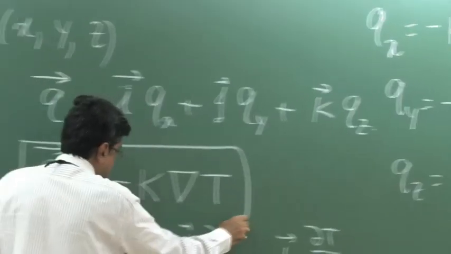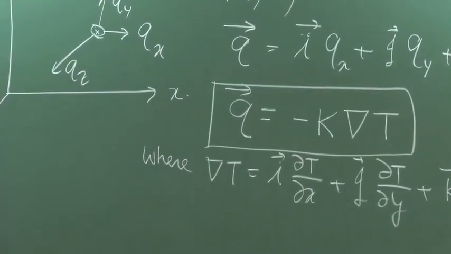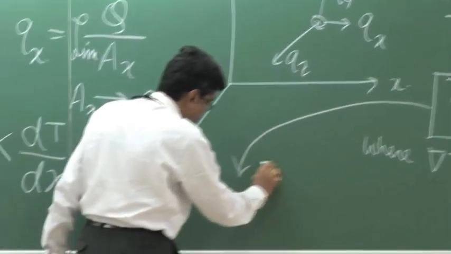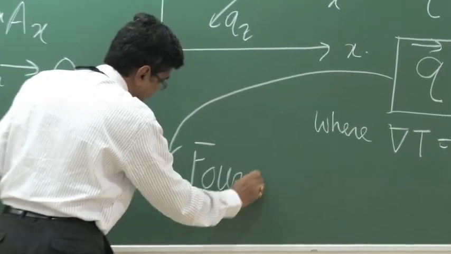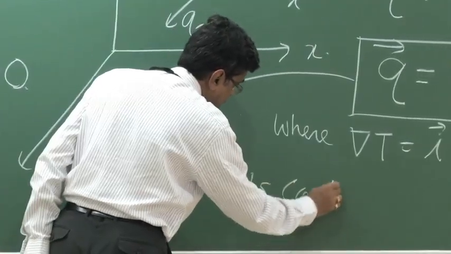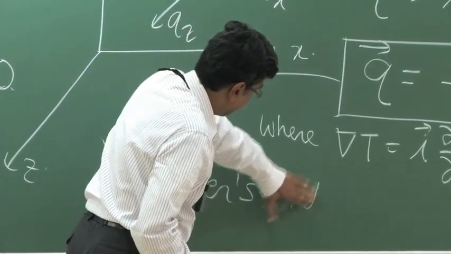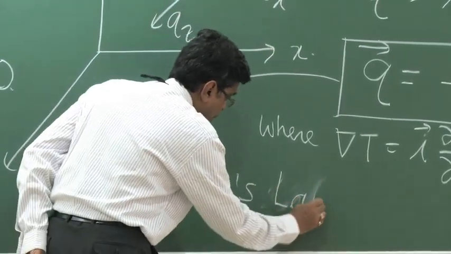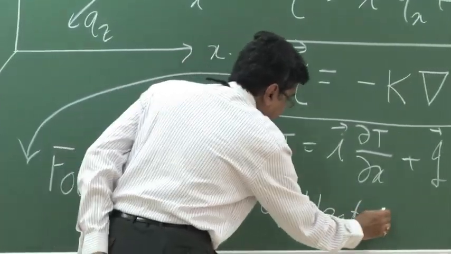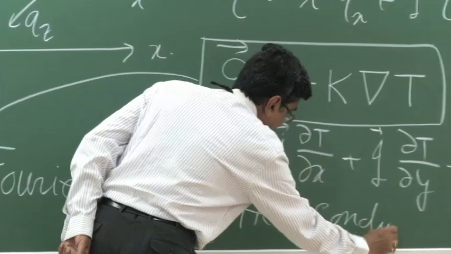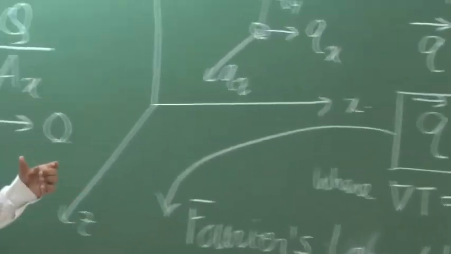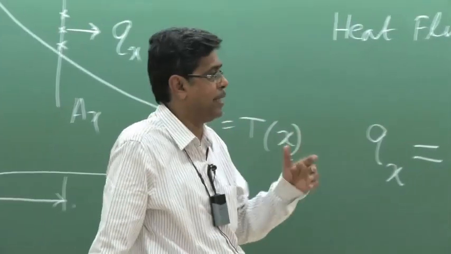The law Q is minus K grad T, this law is known, according to the name of the scientist, as Fourier's law of heat conduction, and this forms the foundation pillar of the conduction and the convection heat transfer.